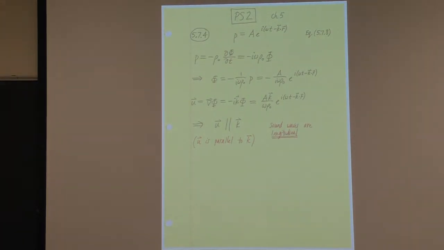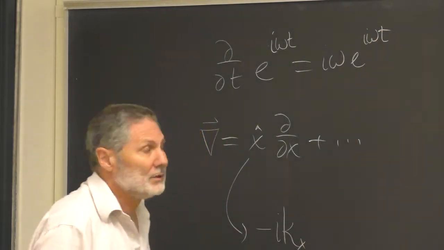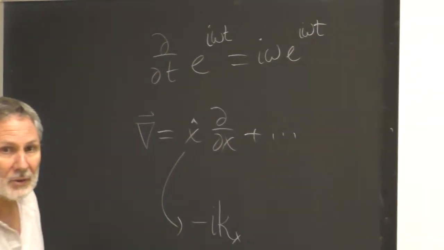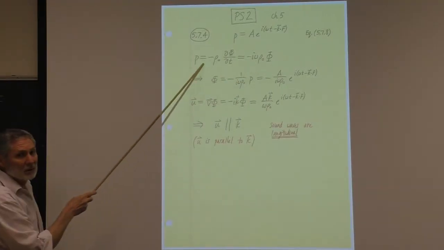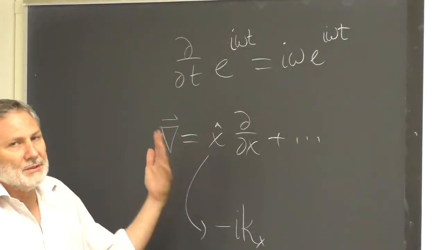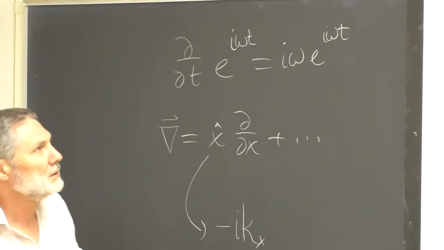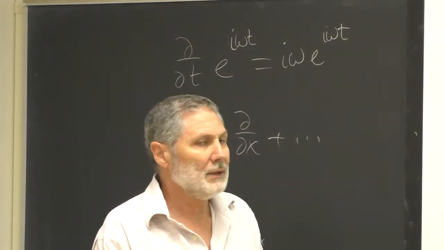So when you take a time derivative, you just get the exponential back, and you get i omega by the chain rule. That's all we're doing here. Okay. And this is similar. Oh, it's a little bit more complicated because it's a vector. But as I said, if you think of it as in rectangular components, it's essentially the same as the time derivative. Okay, any other questions about this?